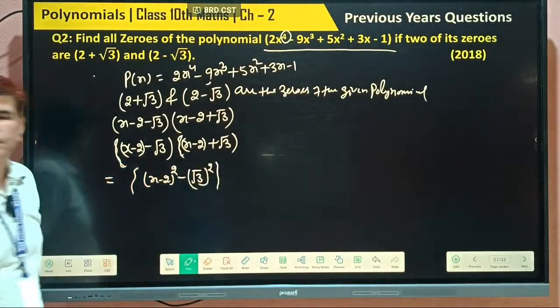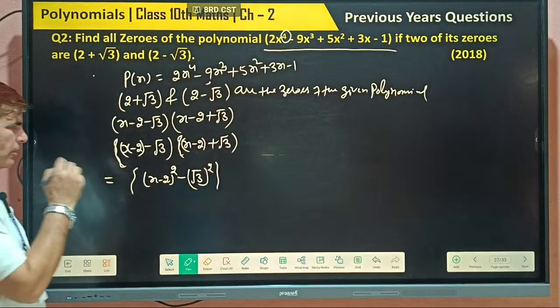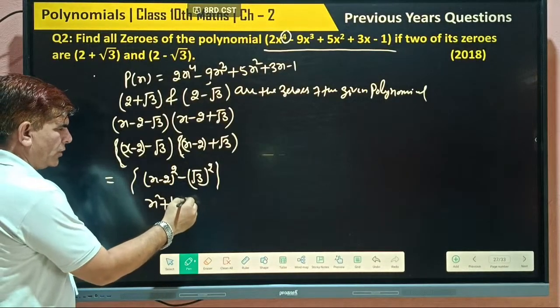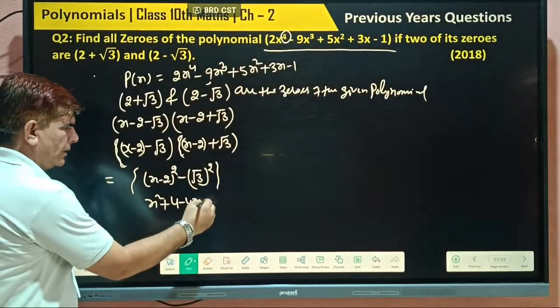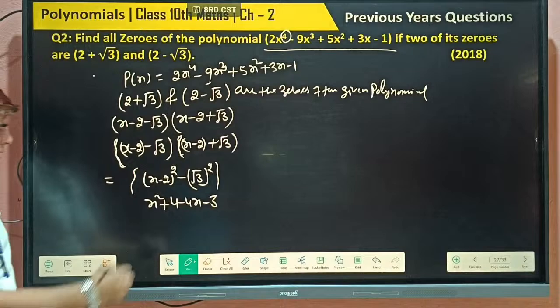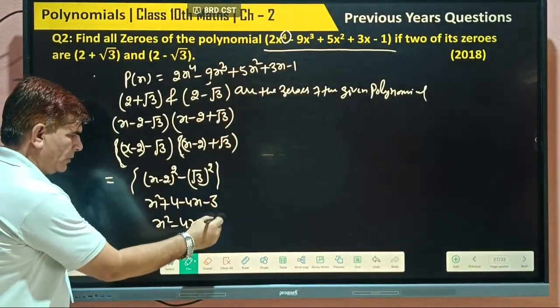Yes or no? So what does it become? Check one time. x square plus 4 minus 4x minus 3. So it becomes x square minus 4x plus 1.